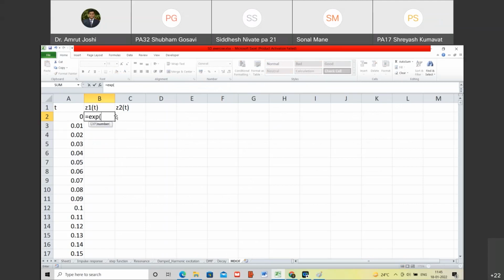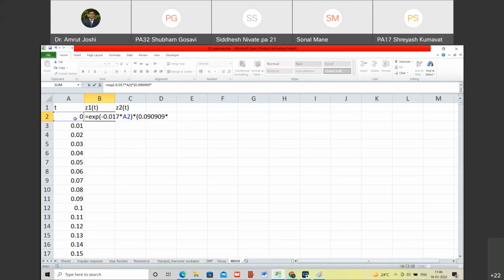Exponential minus what value? Minus 0.017 into t, in brackets, 0.090909. Is that right? Yeah, right.